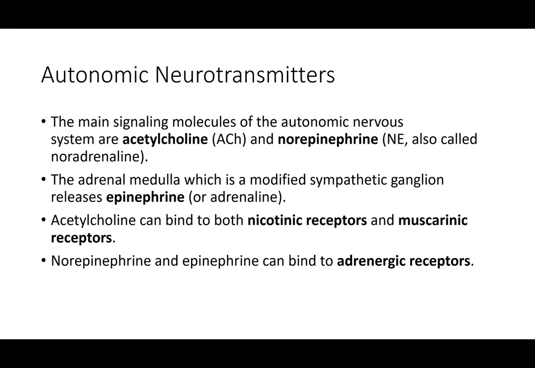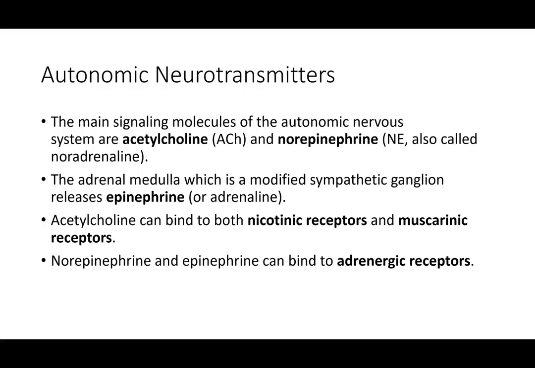There are a lot of different autonomic neurotransmitters and neurotransmitters in general. The main two neurotransmitters of the autonomic nervous system are acetylcholine, which we have seen before with skeletal muscle contractions, but that is not acetylcholine's only job, and norepinephrine, also sometimes called noradrenaline.